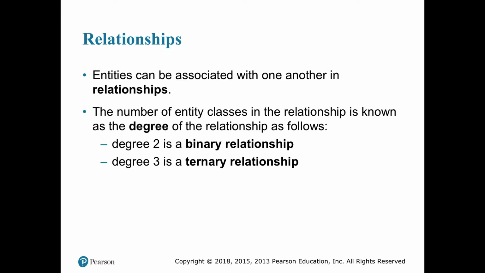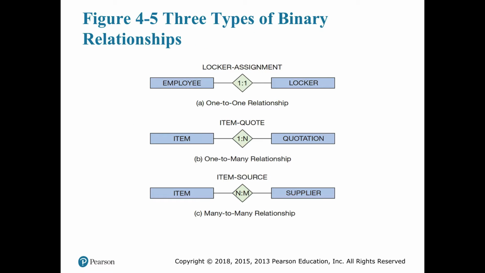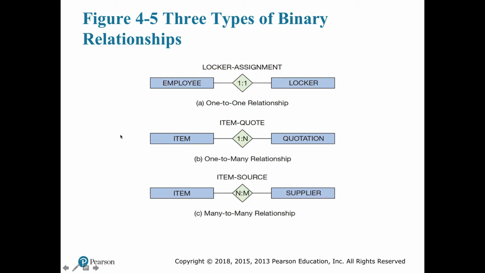We're not really going to get into these relationships, but it's showing you how this is the binary, and this is a ternary where you could have a mother and father that tie into it. Locker assignment, this is a one-to-one.